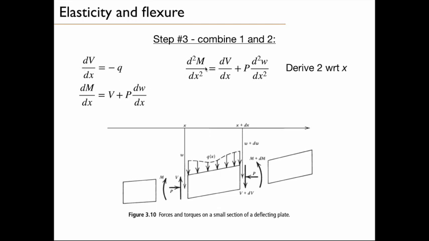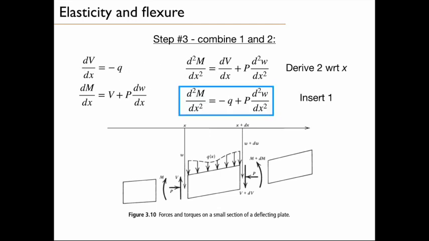So we can substitute dV/dx by minus q. And this leads us to this equation. So this equation is a second order differential equation which relates m, w, p, and q. That's already a very important part of the job we have to do in this lecture. So it's quite some effort, but there is much left to do.